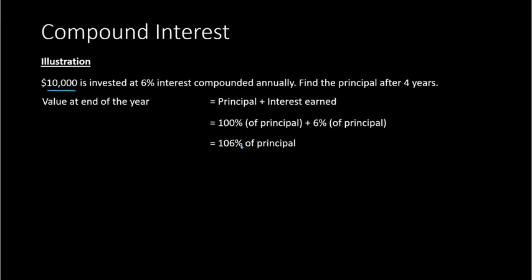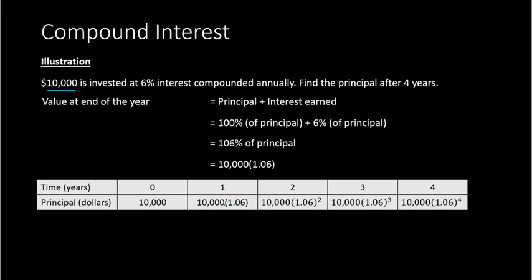So to calculate that, you can do 1.06 times the principal, so times 10,000. All right, and that's the process to determine the principal after 1 year. So we're adding the original amount with the interest earned, and when you do that, you see here in this table that we would have 10,000 times 1.06.